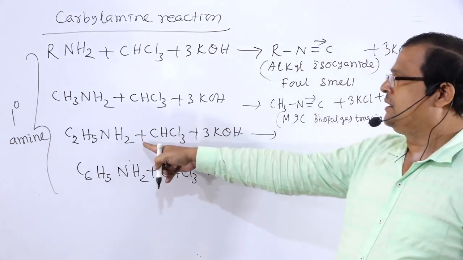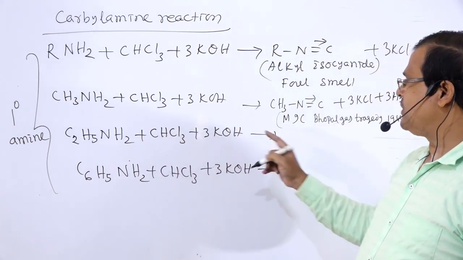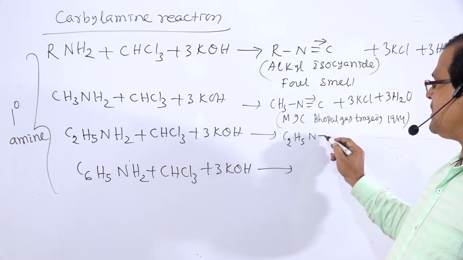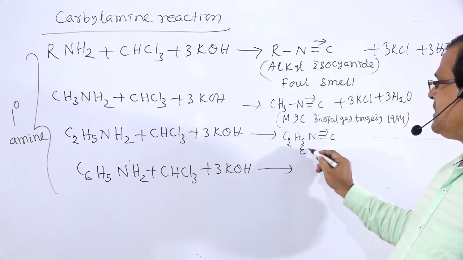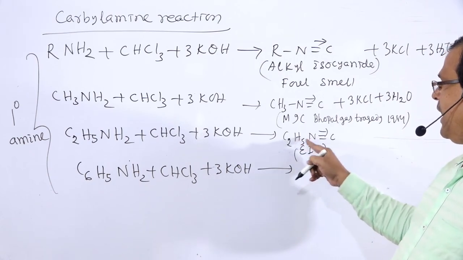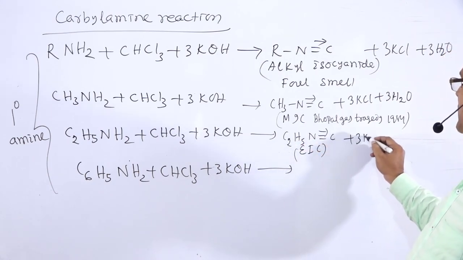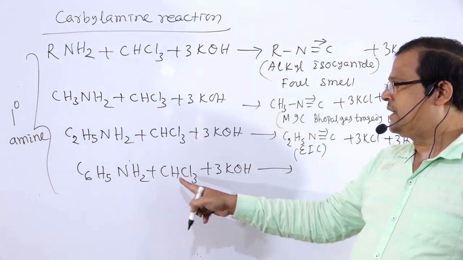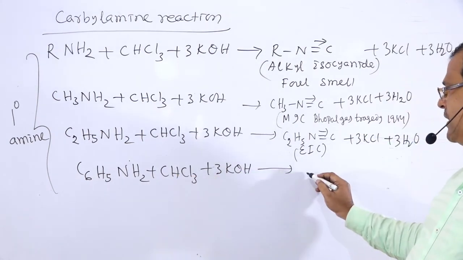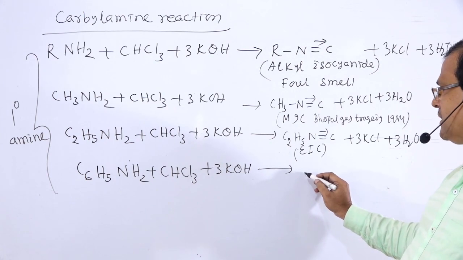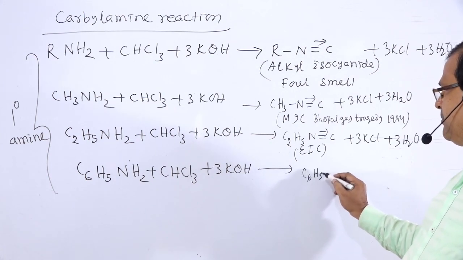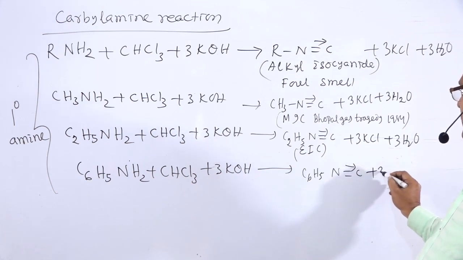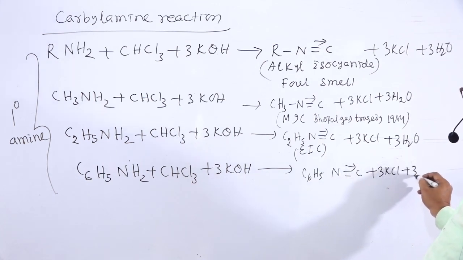So ethylamine reacts with chloroform and KOH to form C2H5NC, ethyl isocyanide, plus 3 KCl plus 3 water. Aniline reacts with chloroform and KOH to form phenyl isocyanide, C6H5N≡C, plus 3 KCl plus 3 water.